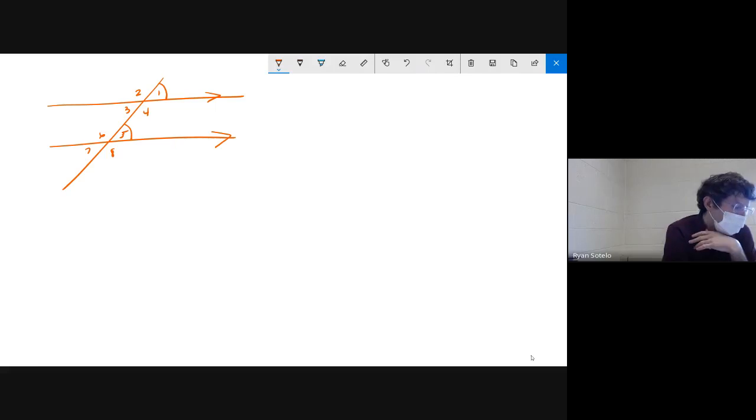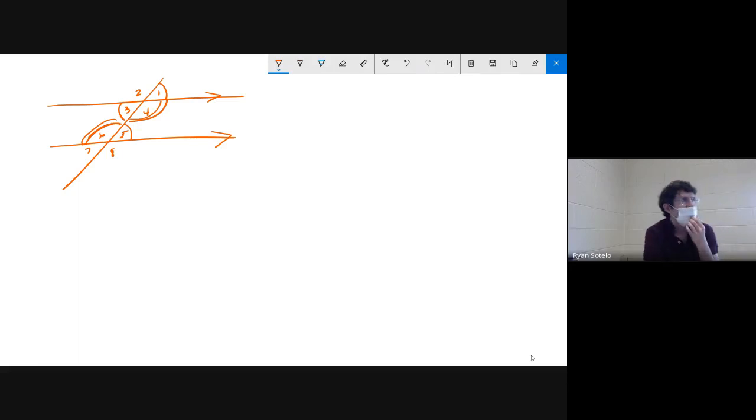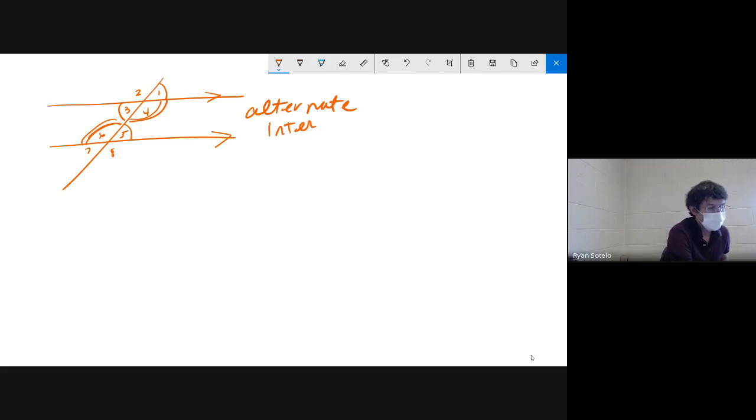And if 1 is the same as 5, that means 1 is the same as 7, and 3 is the same as 5. That allows us to establish that alternate interior angles are congruent, like 3 and 5, and also 4 and 6.